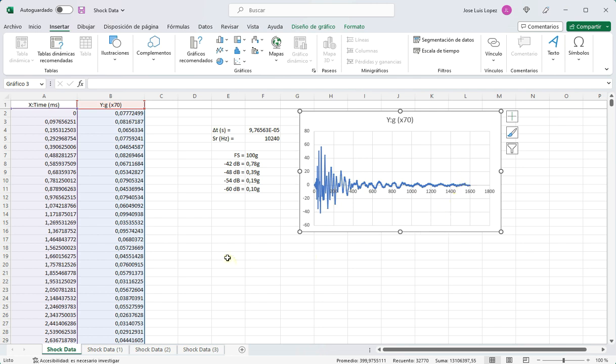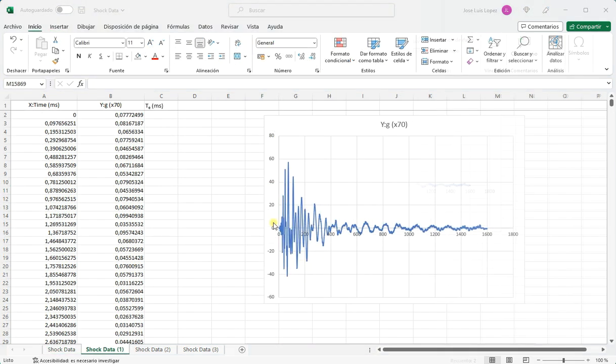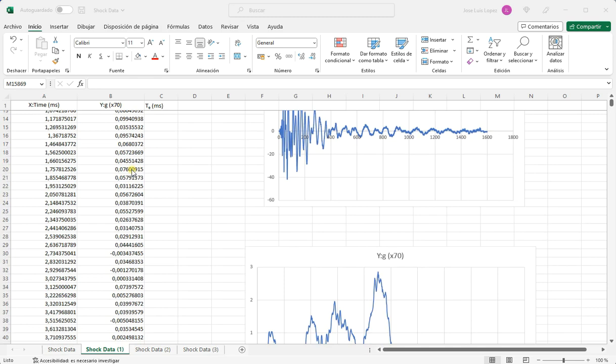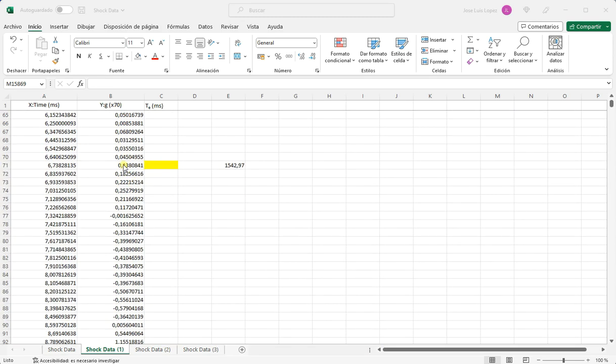We decide to consider a full scale level of 100 G. Decreasing minus 60 dBs, we define the noise level limit as 0.1 G. We add a column for T-e region. Checking the data, we realize that up to cell A70, the level is below 0.1, and we can consider row 71 as the starting point of T-e.